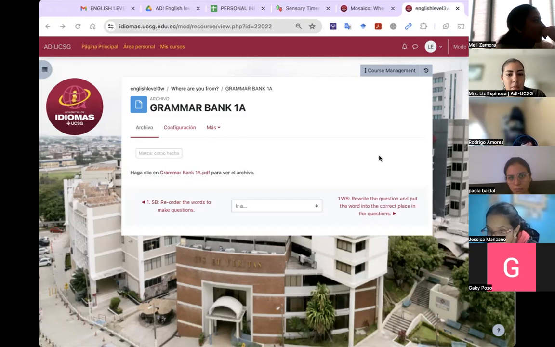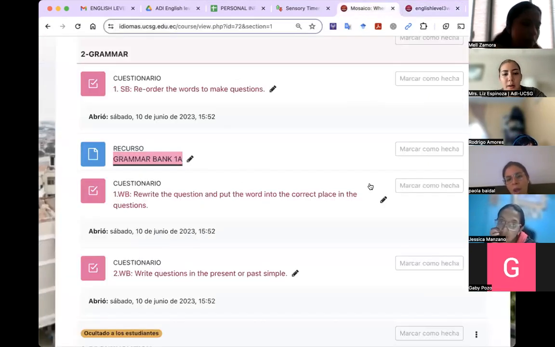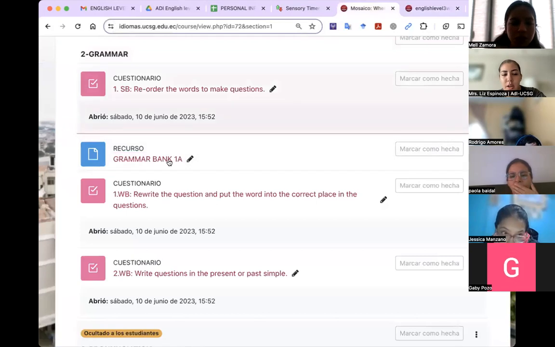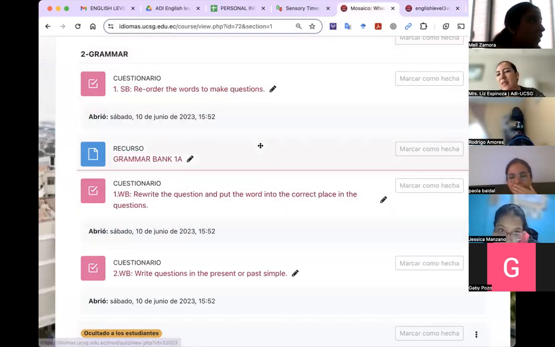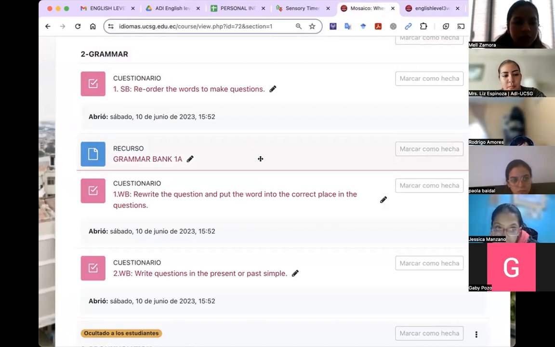Okay, I'm gonna skip some of these exercises of Grammar Bank 1A to work later on in a different resource, not here, because here it is in PDF and it's not so accurate to be working with. So I'm gonna do it later on.